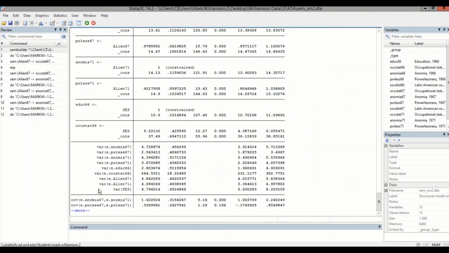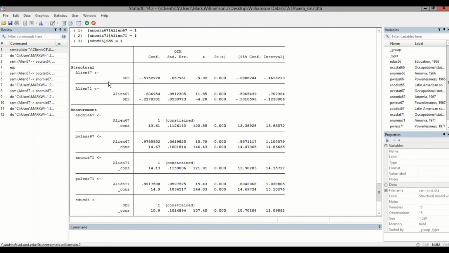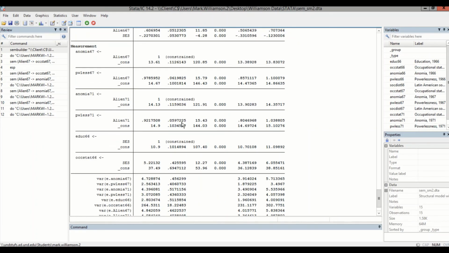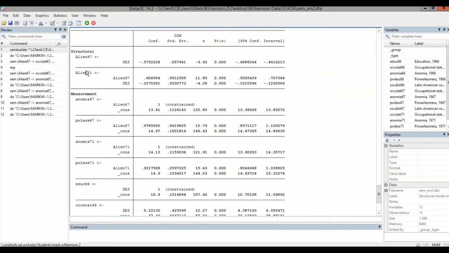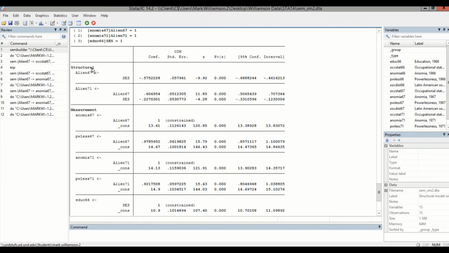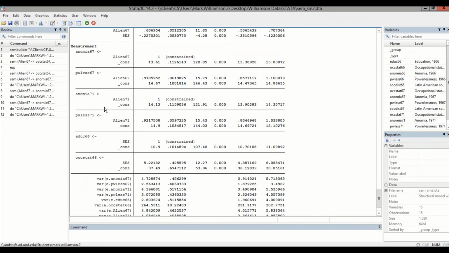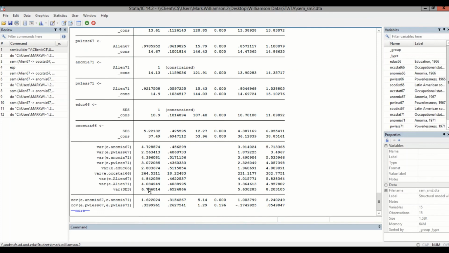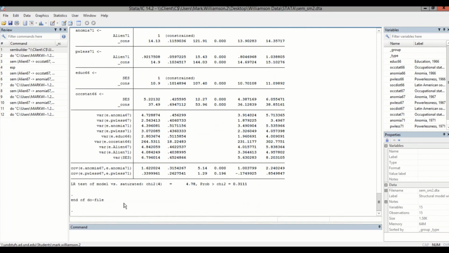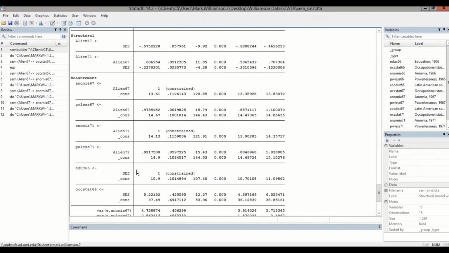And then here is our output. Again, very similar, all of our coefficients, different structural, so these are our unobserved variables. And now what we see with our model fit is that it's no longer significant, which says this is actually a pretty good model.